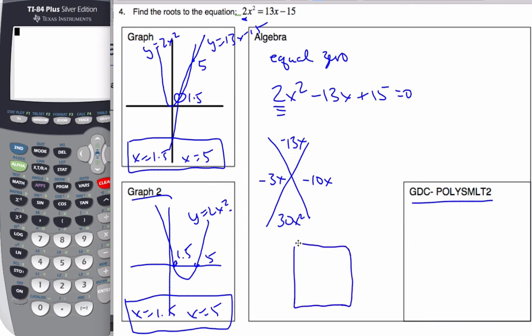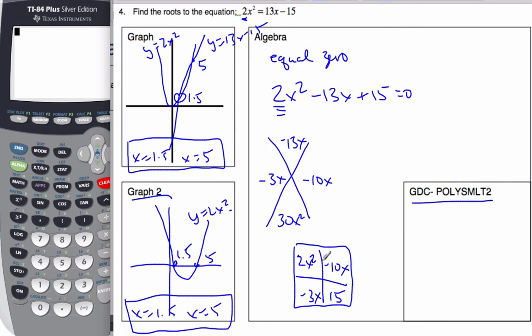Then I move to the box and put my values in. This is 2x squared goes here. 15 goes in the bottom. And then negative 13x goes in these two, in the form of negative 10x and negative 3x. And now it's about pulling out my factors.